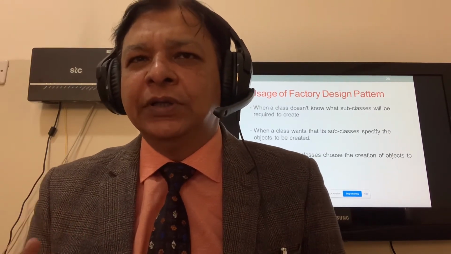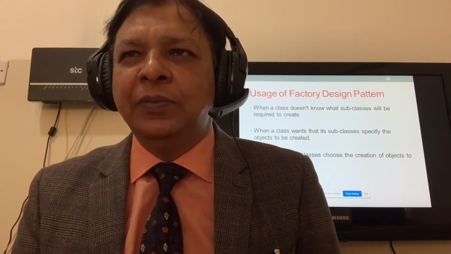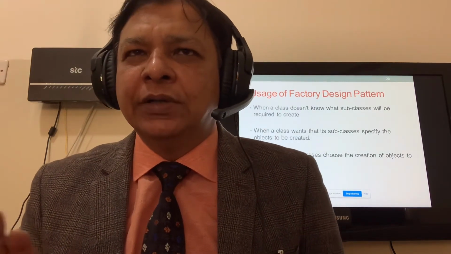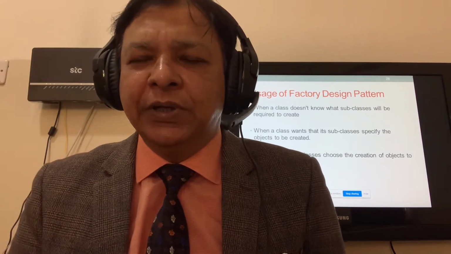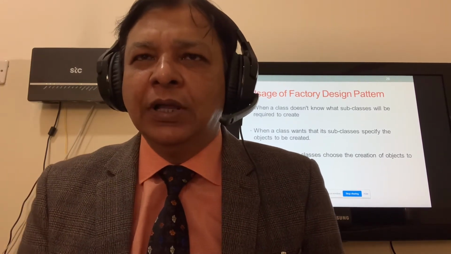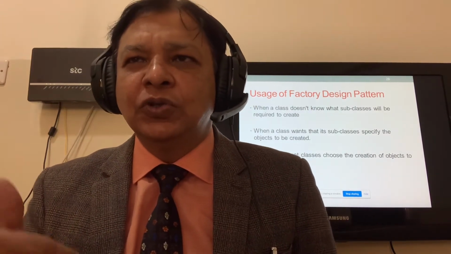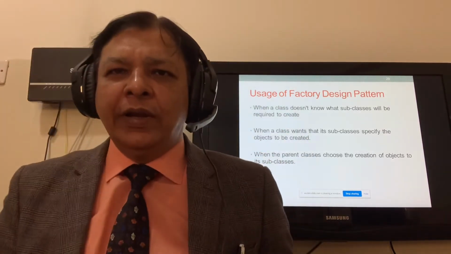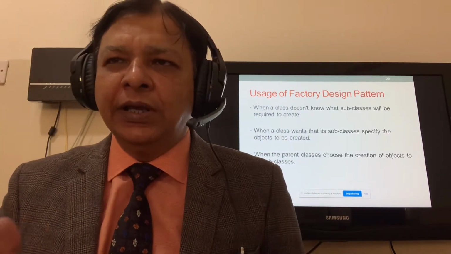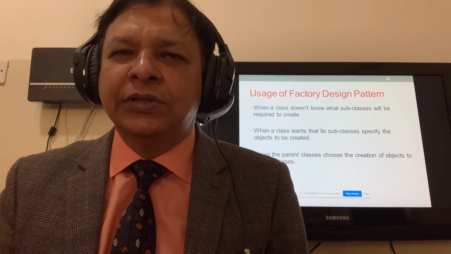So this is usage. It applies when a class doesn't know which subclasses will be required to create, so the parent class doesn't know which objects are created. Or when a class wants the subclasses to specify the objects to be created, and when the parent class delegates the creation of objects to its subclasses.